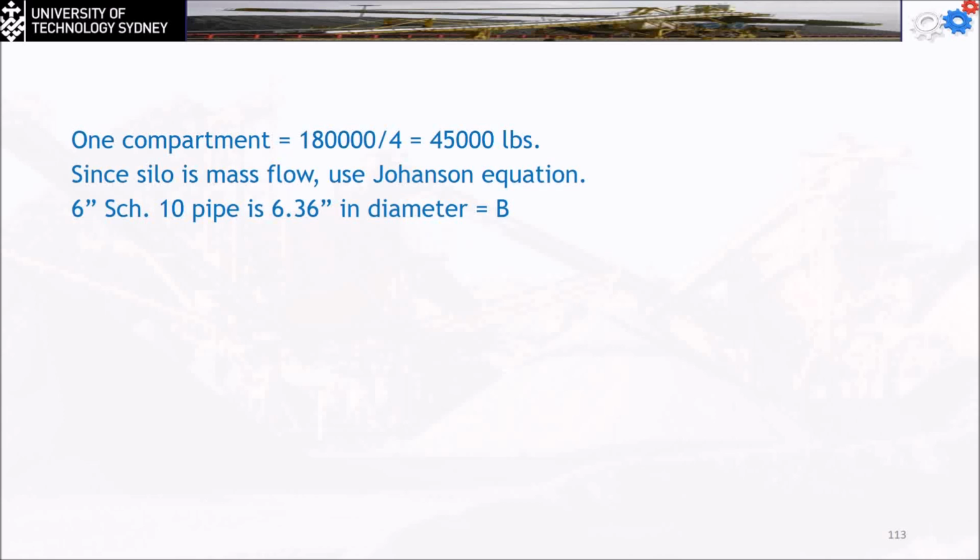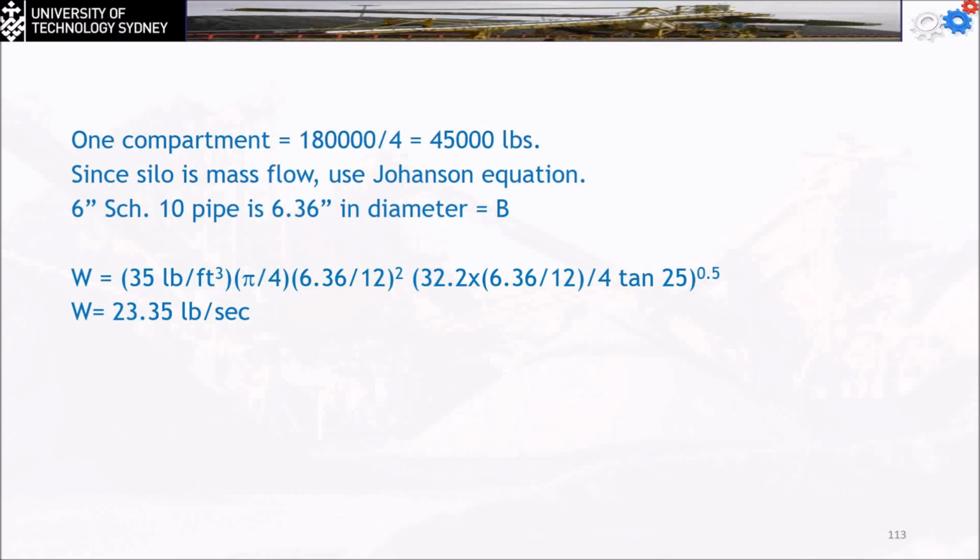The weight flow rate equals 35 pounds per cubic foot multiplied by pi over 4, multiplied by 6.36 divided by 12 to change from inches to feet, squared, multiplied by 32.2, multiplied by 6.36 divided by 12, divided by 4 tangent of 25 up to 4.5. The flow rate W is going to be 23.35 pounds per second.